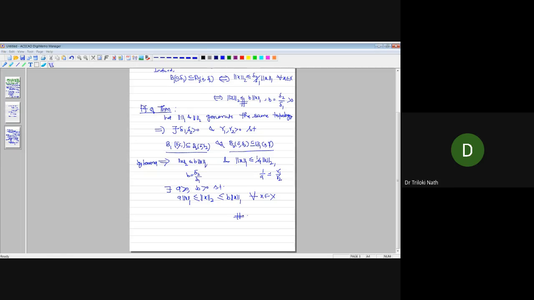Okay, so I hope it is clear to everyone. In general this is not true in a metric space. That means on a set, if you define two metrics, then they may be equivalent, but this condition need not be satisfied.